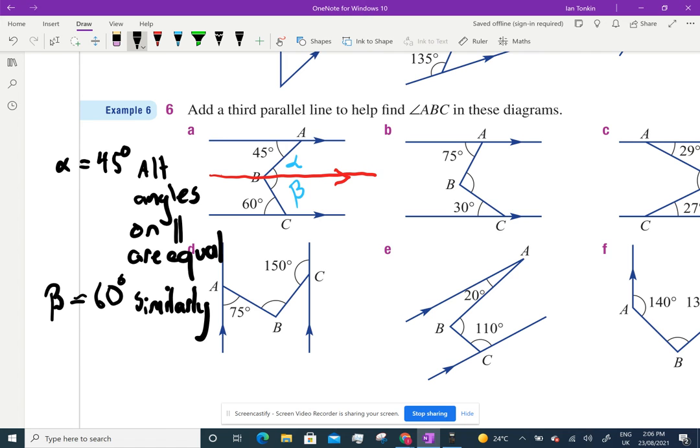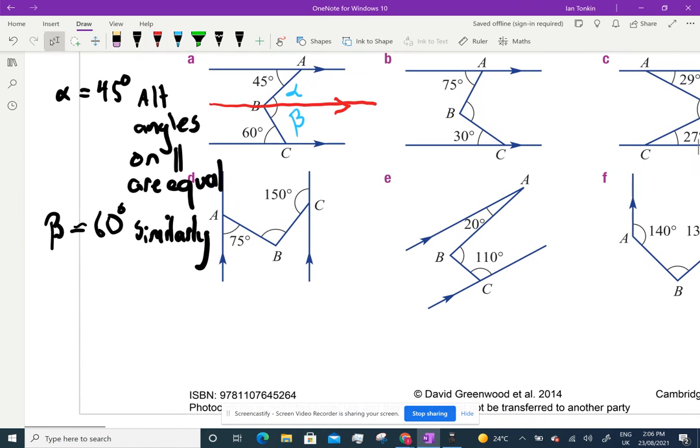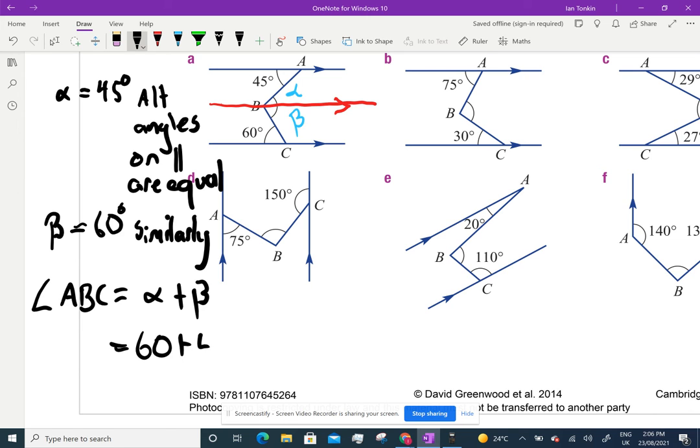It's the same reason, because it's alternate angles on parallel lines. And angle ABC equals alpha plus beta, which equals 60 plus 45, which is 105 degrees.